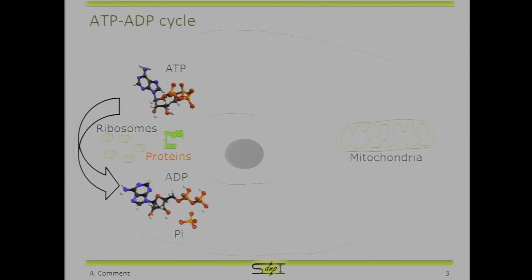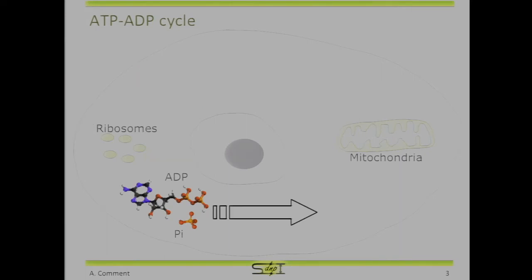To do that, it needs energy, and it finds the energy in this bond here that breaks ATP into ADP, so to create inorganic phosphate. So it basically cuts a part of the molecule, uses the energy that is found in the bond, and produces proteins. That's the factory.